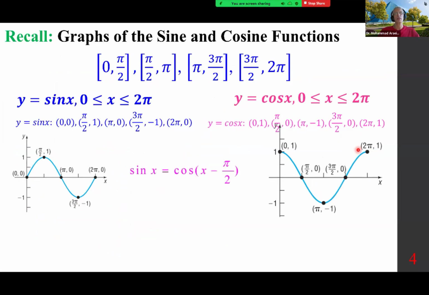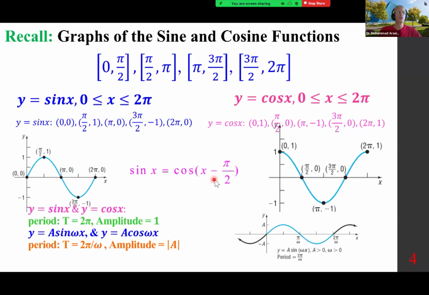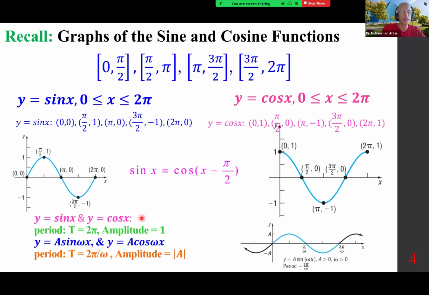Sine x is the same as cosine shifted to the right by pi over 2, so cosine of x minus pi over 2. So the general format, if y is sine x or cosine x, period is 2 pi, amplitude is 1. If it's sine omega x or cosine omega x, period is 2 pi over omega, amplitude is the absolute value of it.